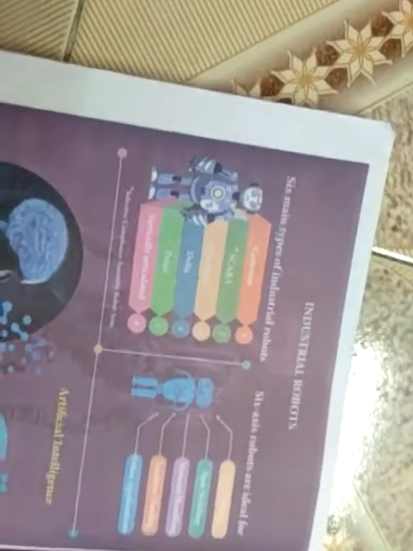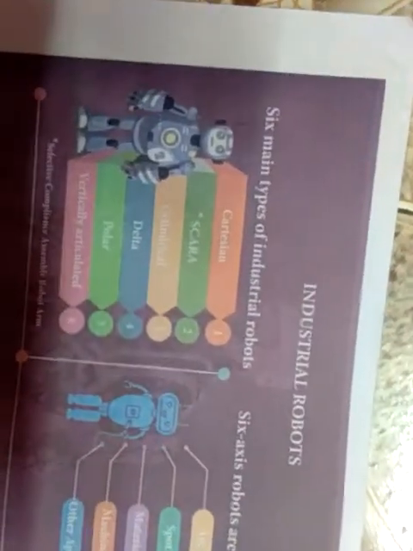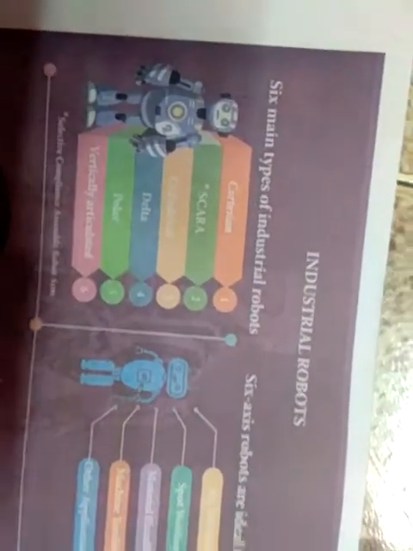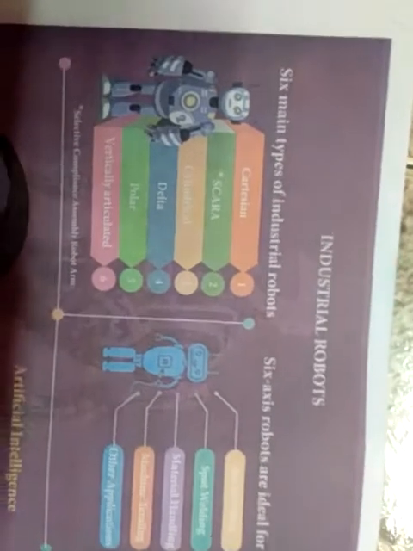Okay, so next 6 axis robots are ideal for arc welding, spot welding, material handling, machine tending and other applications also. Next, artificial intelligence: the aim is to bring human-like behavior to the robot.